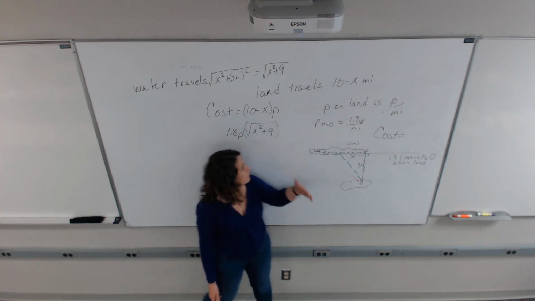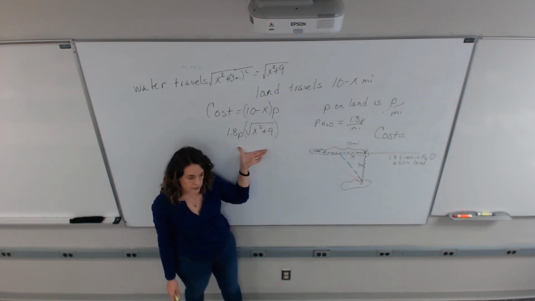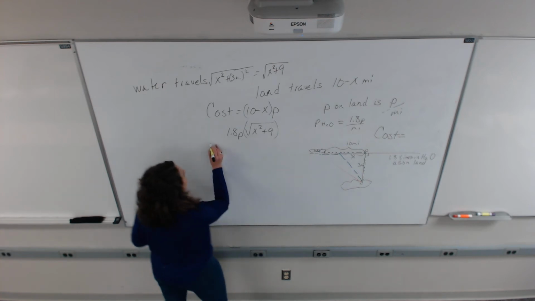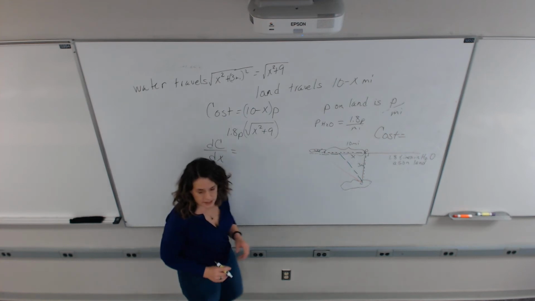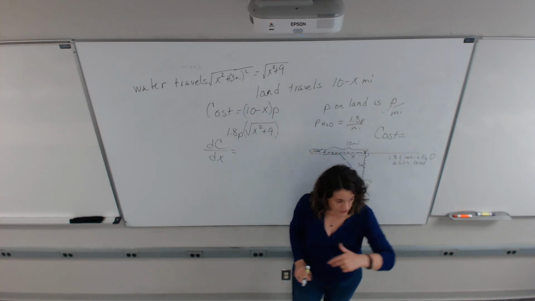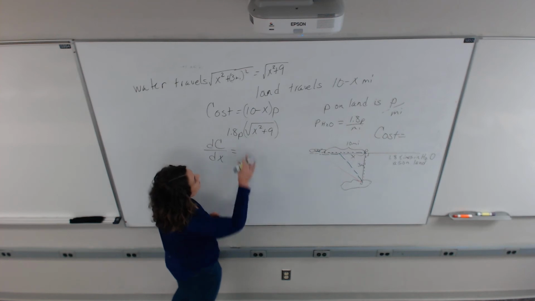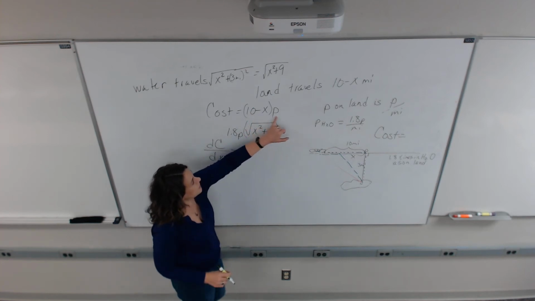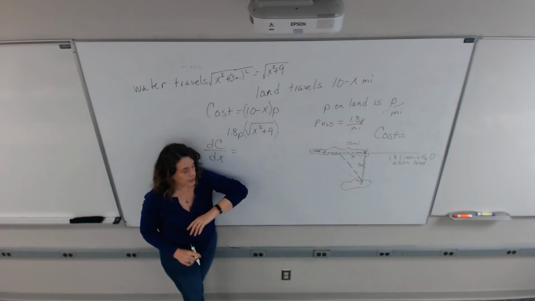So what I need to do now is take the derivative of the cost with respect to the only variable that I have, which is x. So you're going to take the derivative of the cost function with respect to x, considering P as an unknown constant, but fixed value. All right? When you take the derivative, if you were to multiply out the cost function, you would have 10P, but the derivative of 10P, P's a constant, so it goes to 0, right?